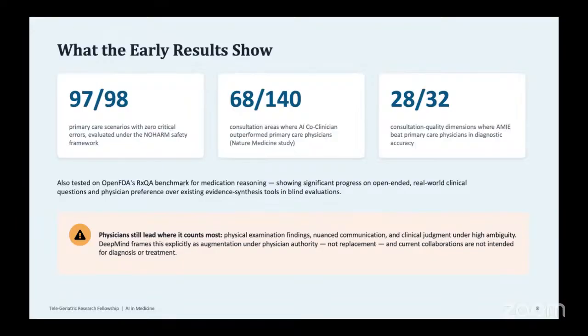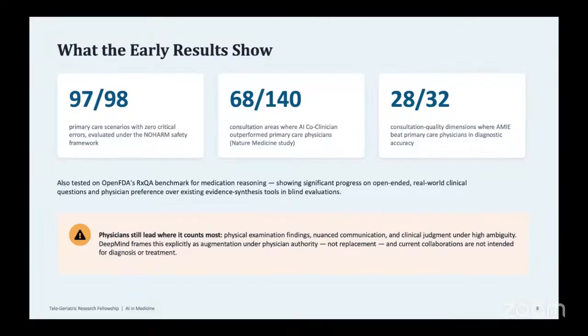It's also been tested on OpenFDA's benchmark for medical reasoning, showing meaningful progress on open-ended clinical questions. And in blind evaluation, physicians actually preferred its output over existing evidence synthesis tools they currently use.